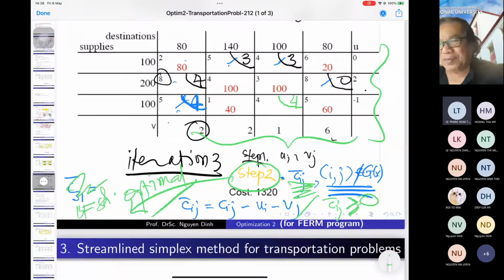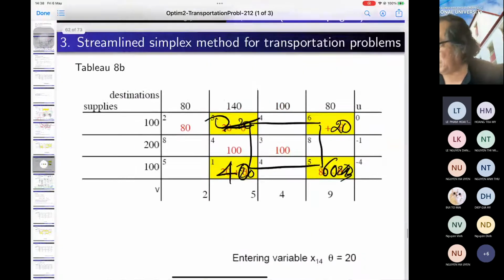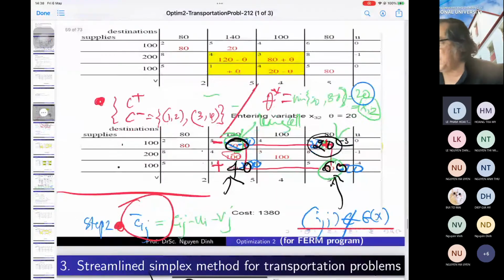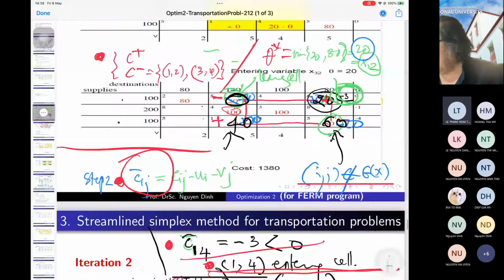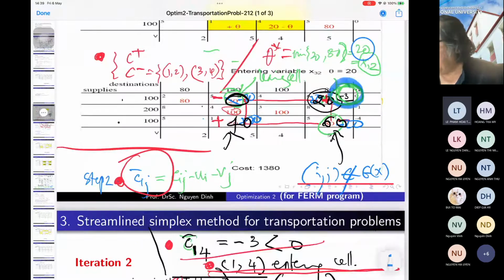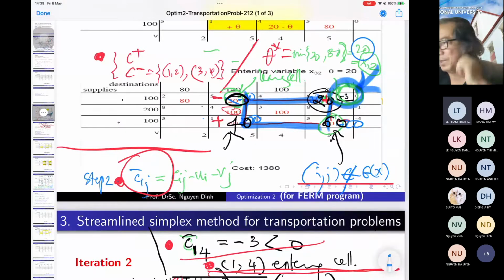If something is negative, then this one is the entering variable. And you find the cycle, is that okay? You set up the C plus, C minus, or something like this. And then we come to step 3.